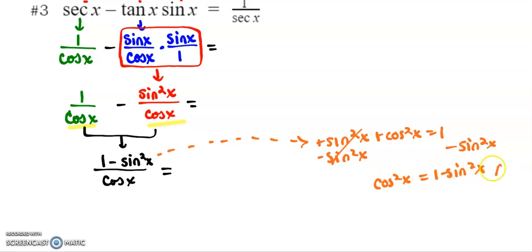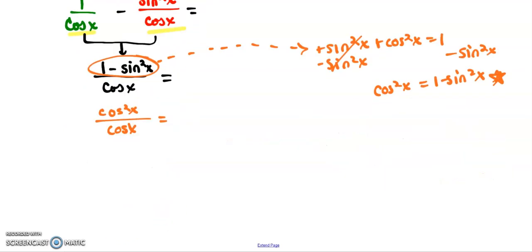Okay? So that's a very common transformation of that identity. So the numerator in this case is really just cosine squared x over cosine of x. And that exponent cancels because it cancels out with the cosine in the denominator. So we've got cosine of x equals, and cosine is 1 over secant.